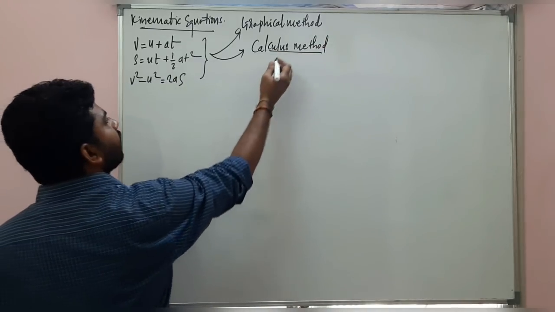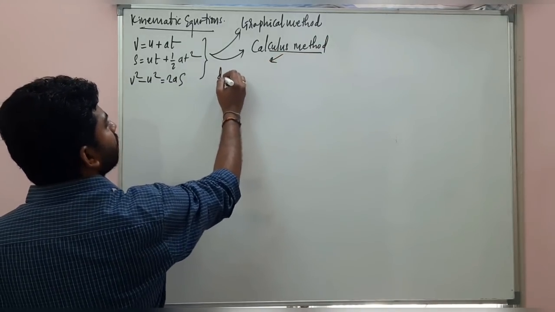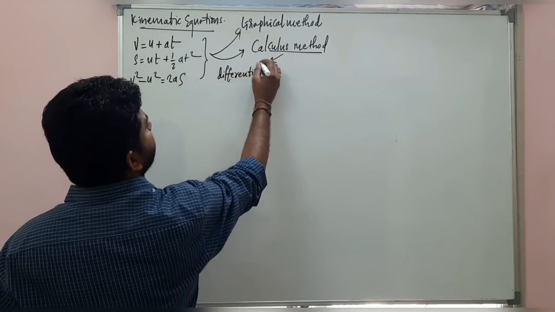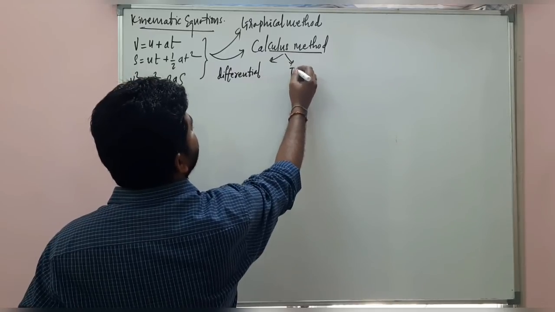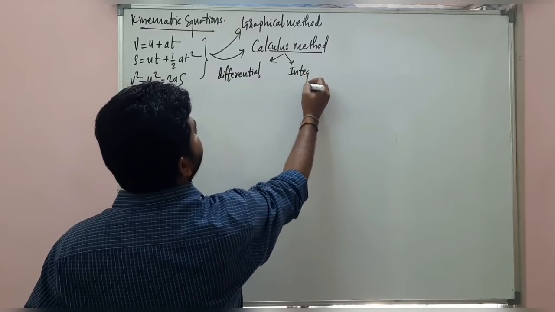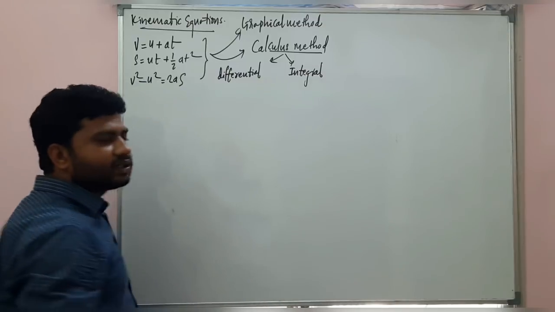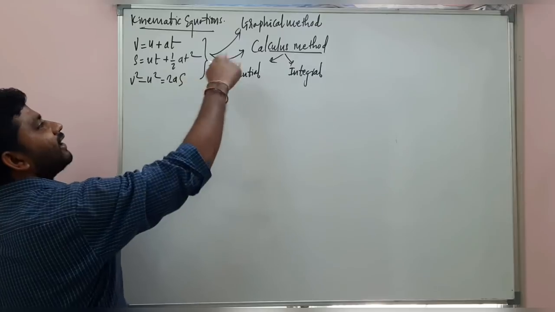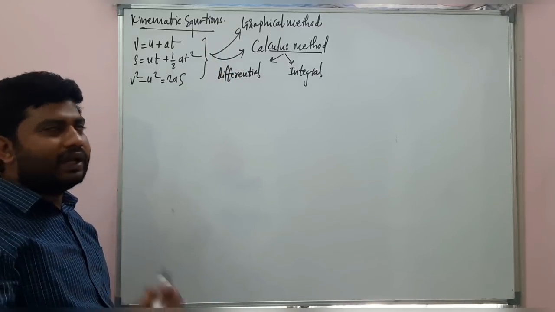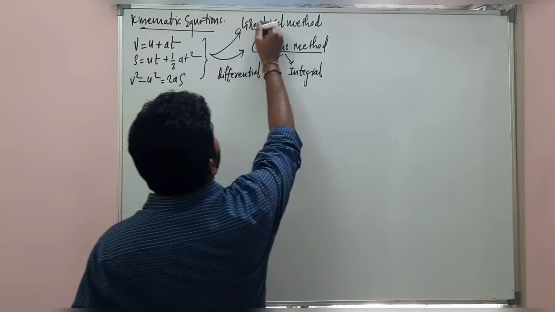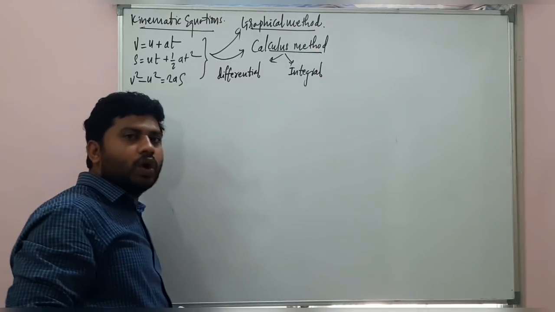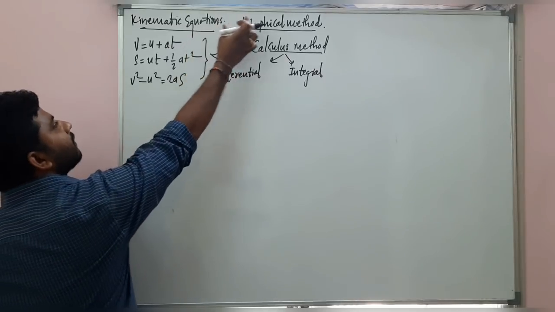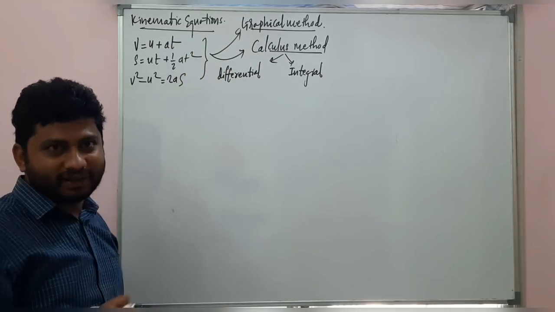Calculus method involves both differential calculus and integral calculus. That means differentiation and integration methods we use to find the kinematic equations. Let us talk about the graphical method, how to solve and derive kinematic equations by using the graphical method.